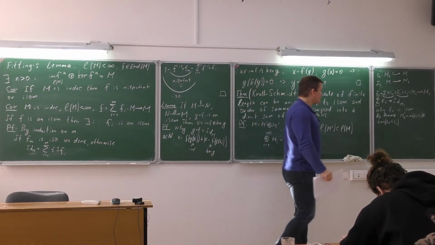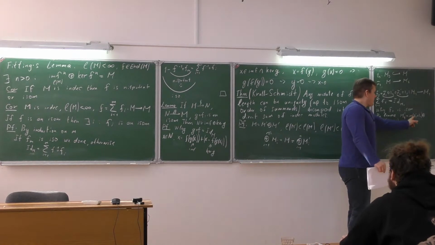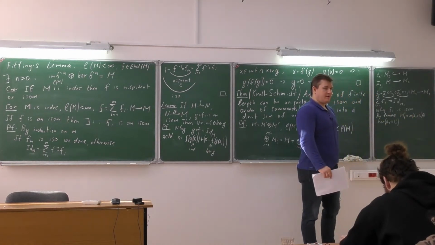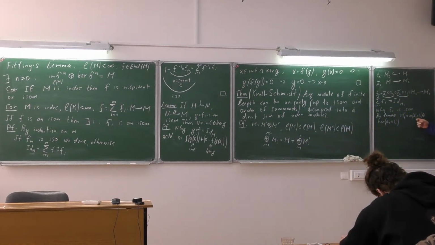But we know that M1 prime is an indecomposable module. So it means that one of these 2 pieces has to be a 0 piece. Can we say, for example, that this image is 0?